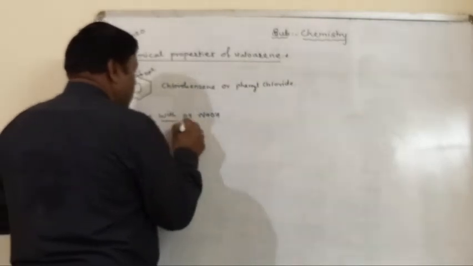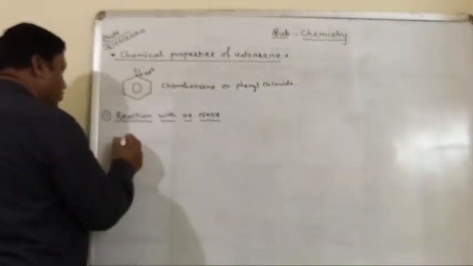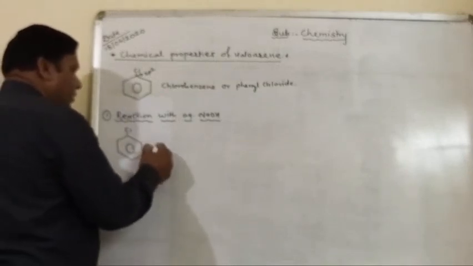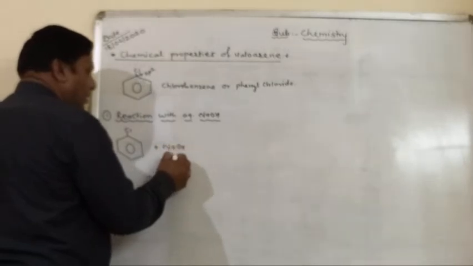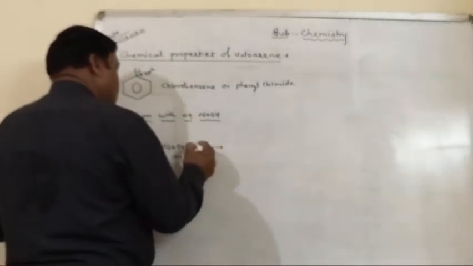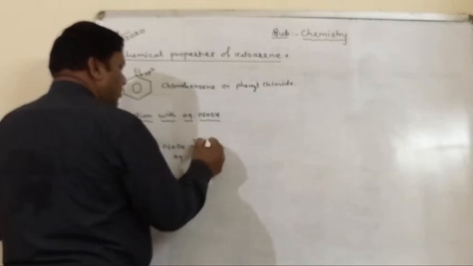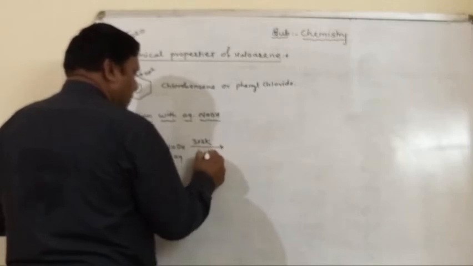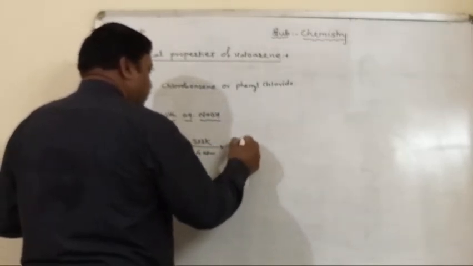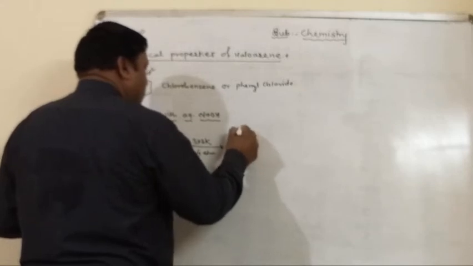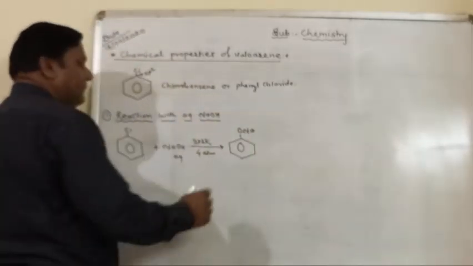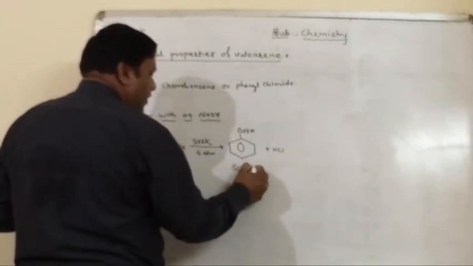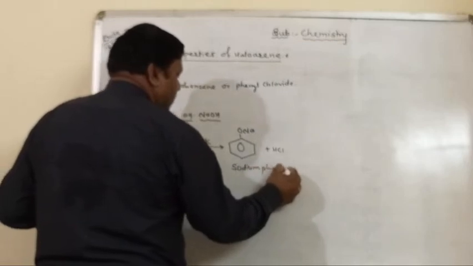When this chlorobenzene reacts with aqueous NaOH at 373 kelvin and 4 atmospheric pressure, you will get ONa, with removal of HCl, named as sodium phenoxide.